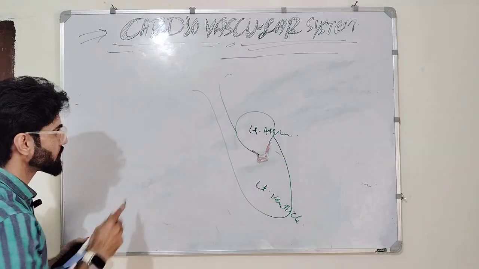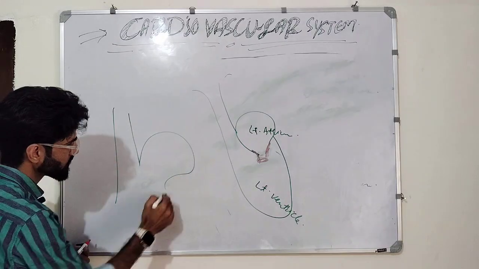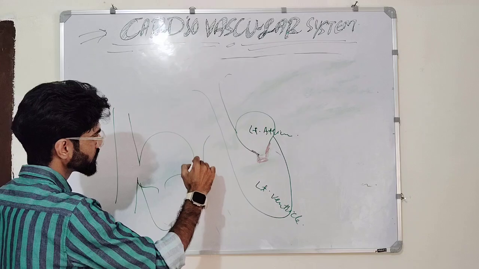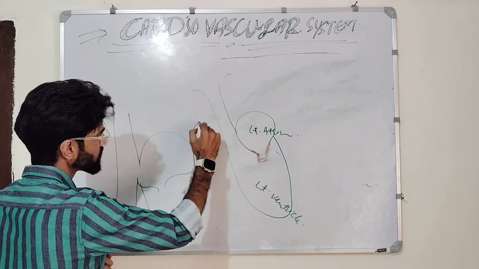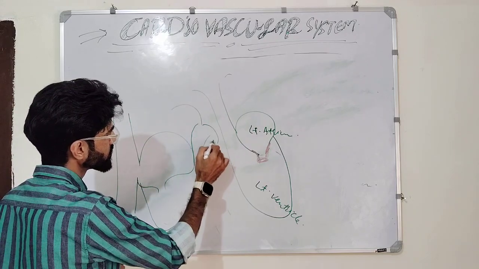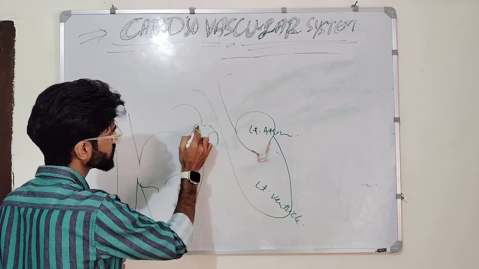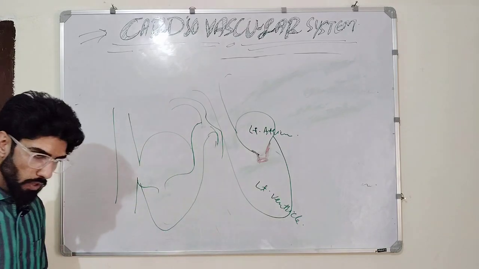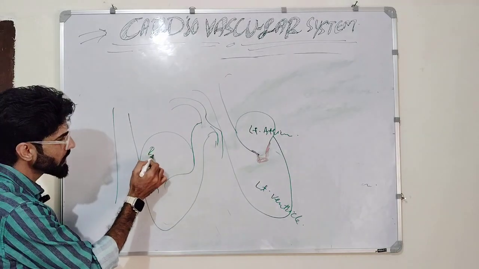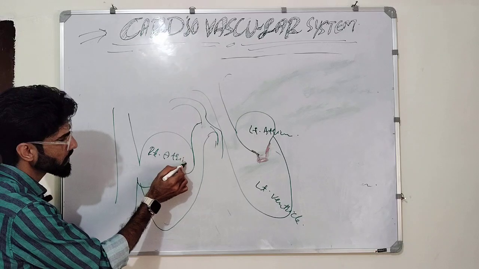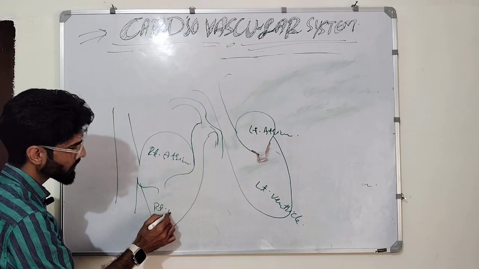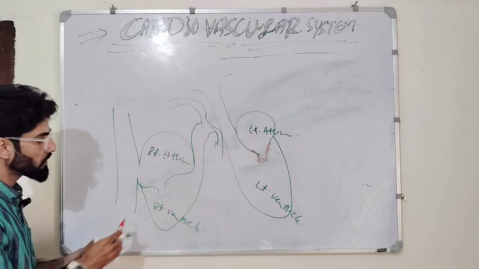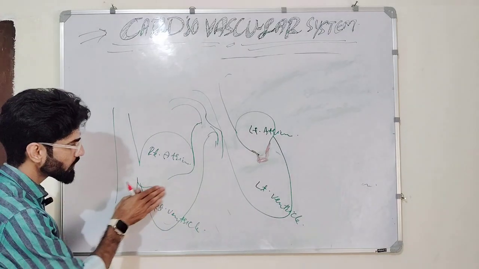I will draw the right side of the heart. This is the right atrium and this is the right ventricle. And in between the right atrium and right ventricle, which valve is there?